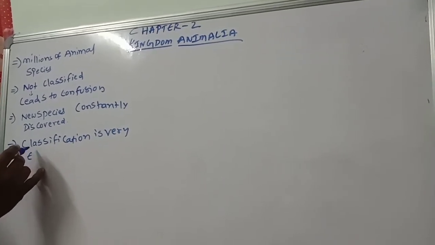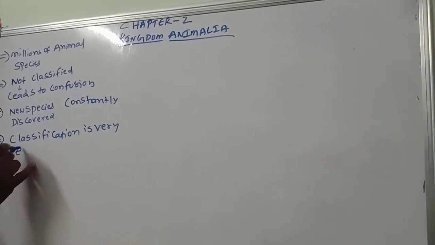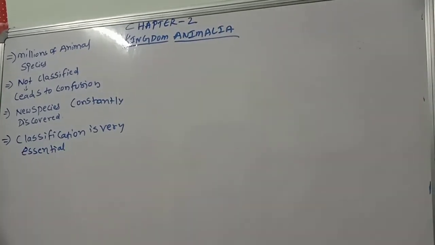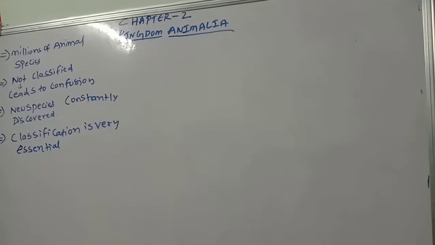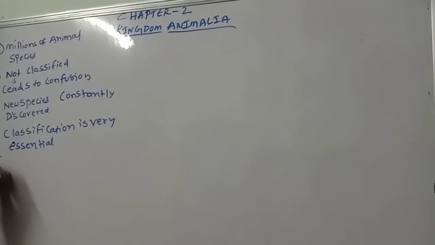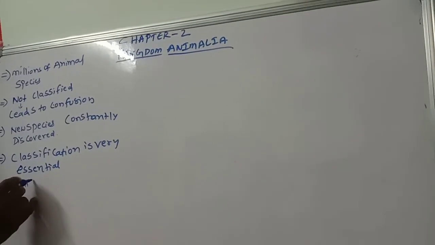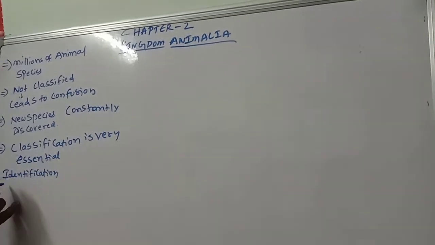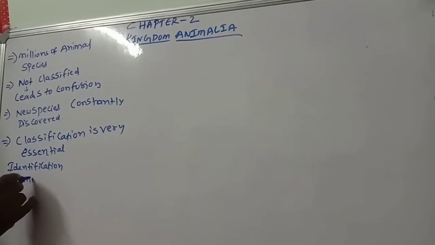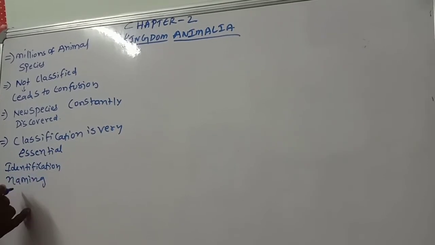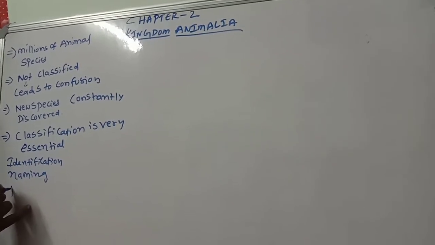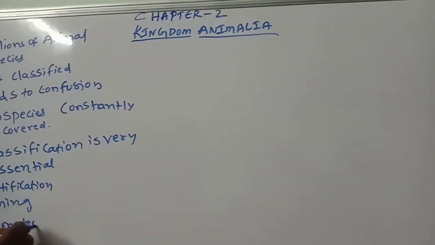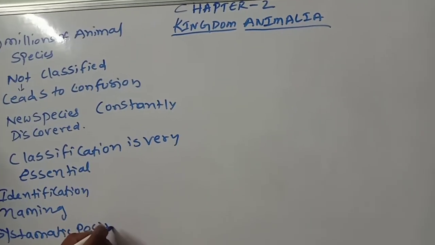Why is classification essential? For identification of the species. Then naming, and assigning a systematic position, a perfect position, we have to give to them.